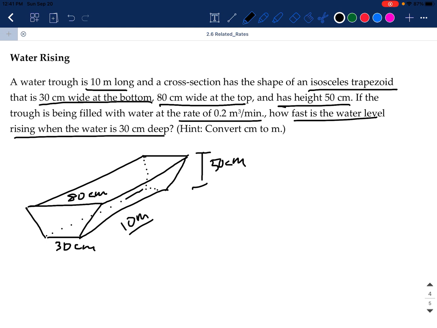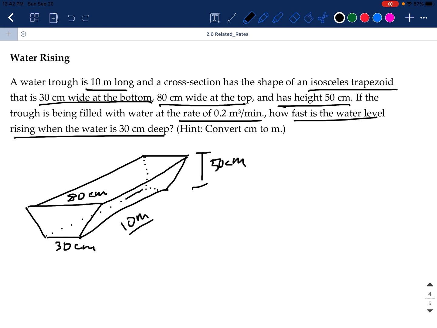The first part that you want to do is make all the measurements the same. You can convert everything to meters or everything to centimeters. To deal with smaller numbers, I would recommend converting centimeters to meters, as I put in the hint here, but you can always go in reverse as well and make the meters into centimeters if you wanted to.